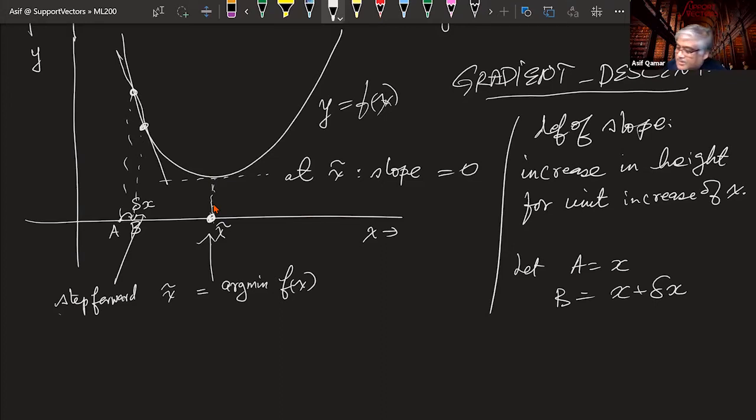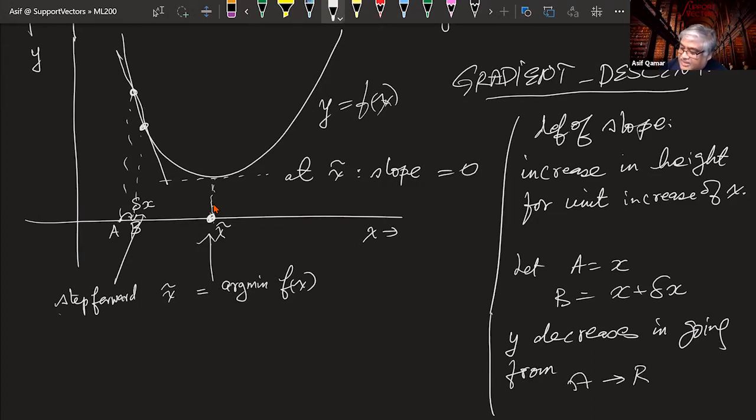So y decreases in going from A to B, i.e., from x to x plus delta x. Isn't it, guys?